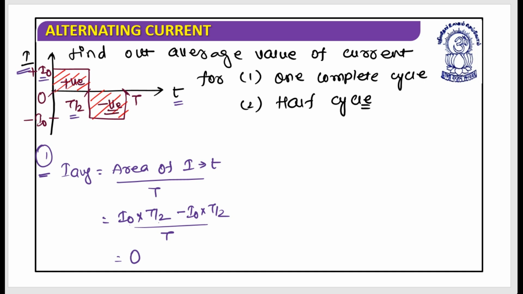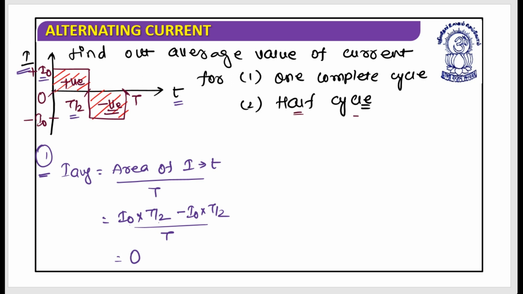One of the areas is positive, another area is negative, so positive and negative will make a 0. Whatever the positive area, the same amount of area is negative as well, so this will create a 0 for us. I hope this is clear. Is it clear? Great. So this is I average, the area of I versus t divided by T.